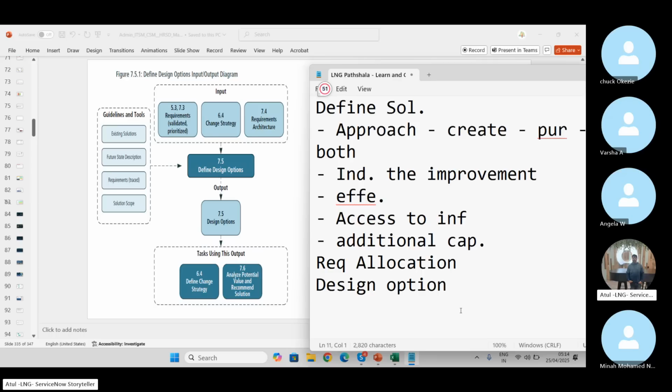Business policies. I should not purchase any platform or tool where my data is going outside my country. That is a need. By defining and describing the solutions, it is easy for my stakeholders to maintain it later on.